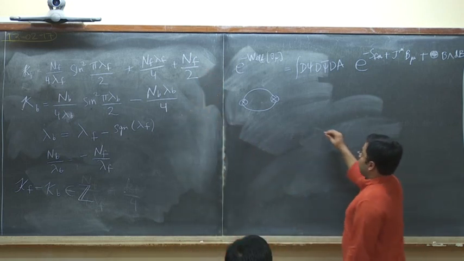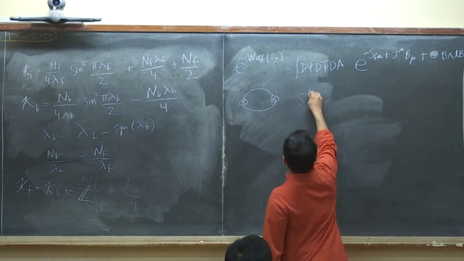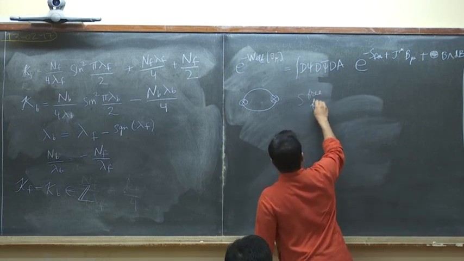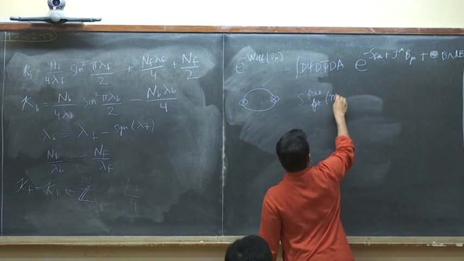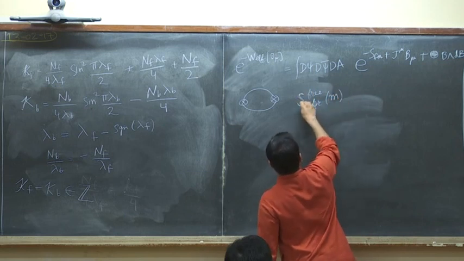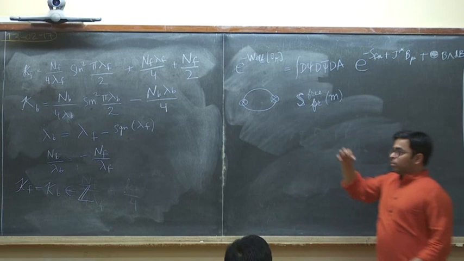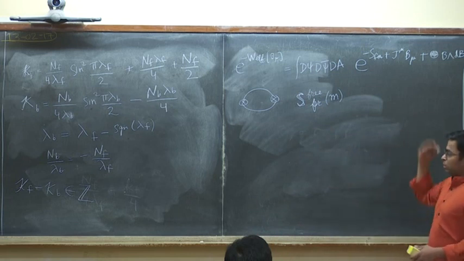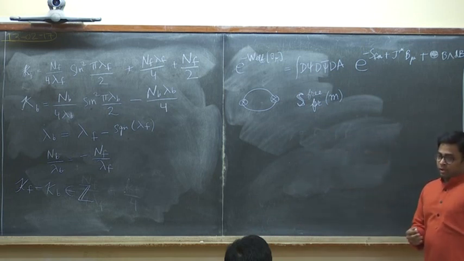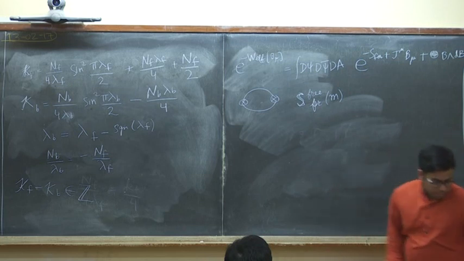Okay, so now I have a free fermion, but I give it a mass. It has a mass term, and it can flow from the UV theory, which is free, to a completely gapped theory in the infrared. And I can compute this diagram.